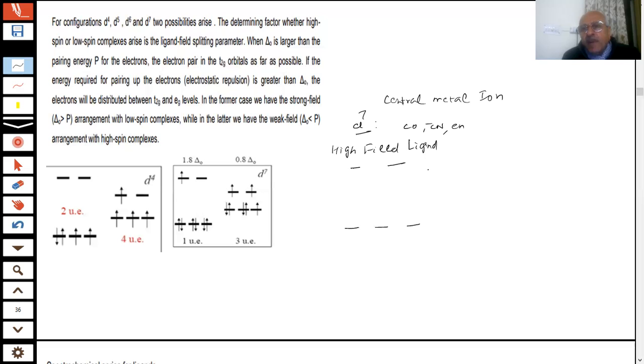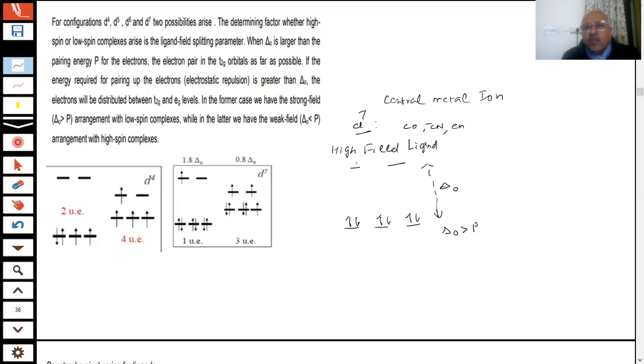Now this gap, what is this called? Crystal field splitting energy, in an octahedral complex. So what happens first? One, two, three, by the Aufbau principle. Pairing takes place only after that. So by Hund's rule, because this gap delta O is larger than P, students, how many are there now? 6.